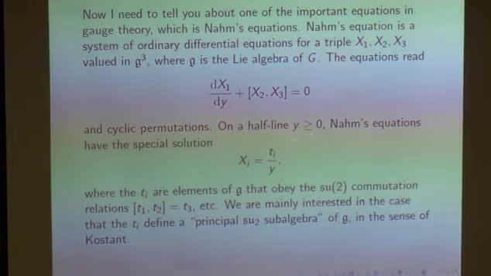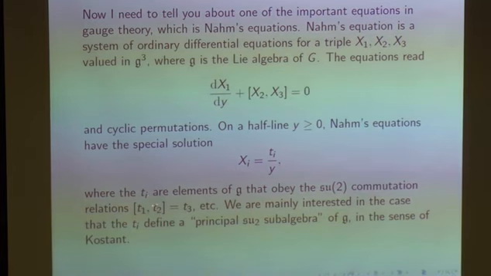On a half line of y greater than 0, Nahm's equations have a special solution, where x_i is a fixed matrix t_i divided by y, where the t's are elements of the Lie algebra that obey the SU(2) commutation relations. If you try it, you'll see that this term is of order 1 over y squared because it's quadratic. But this one is of order 1 over y squared because you take the derivative of 1 over y. And the commutation relations are just right to make the equations work. So this gives a special solution of Nahm's equations.